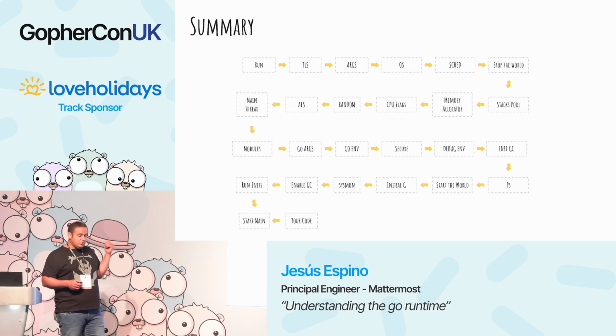You initialize the modules, you initialize the args, the environment variables, the secure flags with the go traceback set to none if it's needed, the debug information, the debug settings, start initializing the garbage collector with the pacer, initialize the processors structs, and start the world, and then you run your first goroutine, that is the runtime main, that starts the system monitor, initializes the garbage collector, spawning the scavenger and the sweeper, and finally runs the init functions and starts your main function.